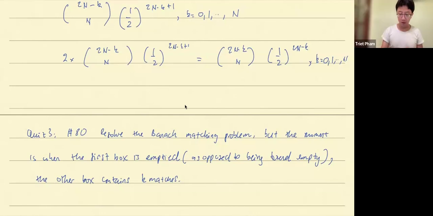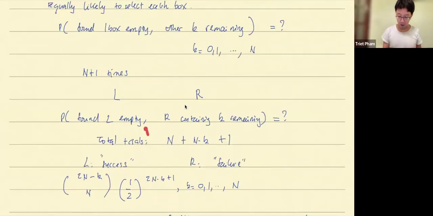It just really changed the number of trials. In the original Banach matching problem, you have to reach into the empty box, whatever that box is, let's say the left one, n+1 times. And that's probably the weird one. We naturally think n times.